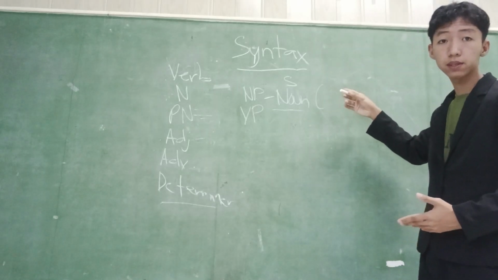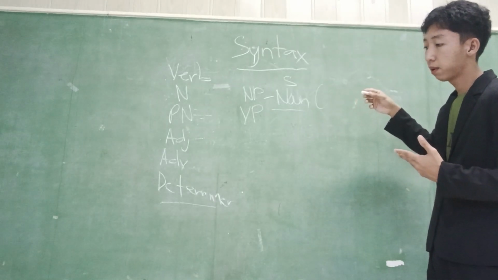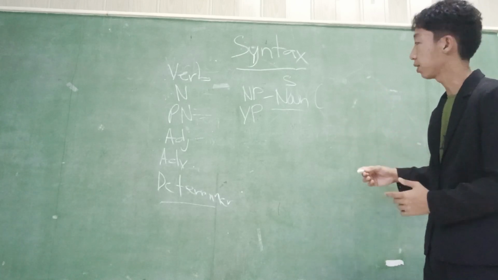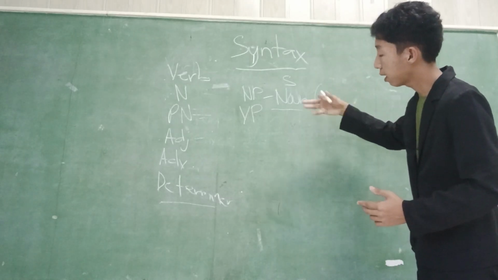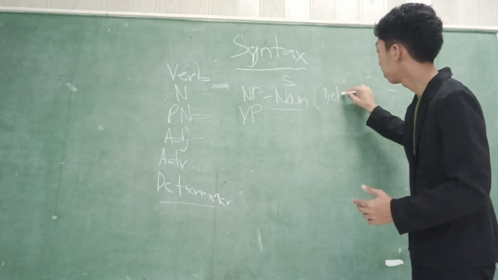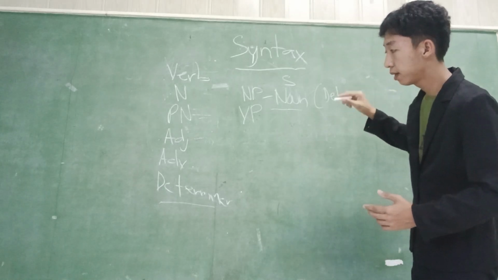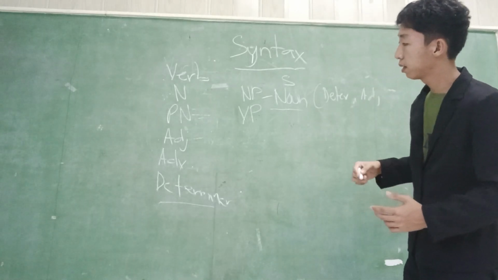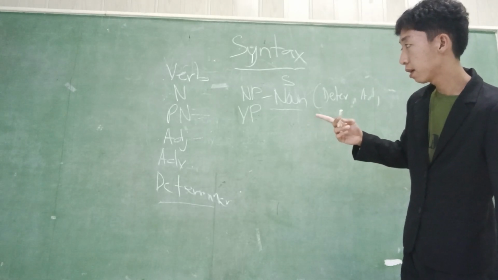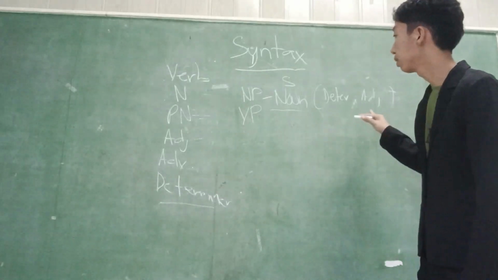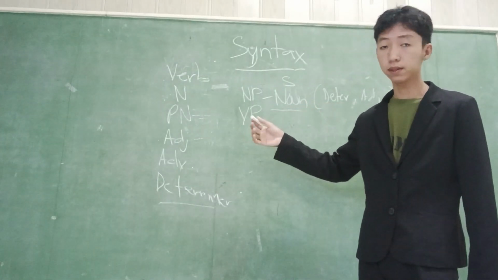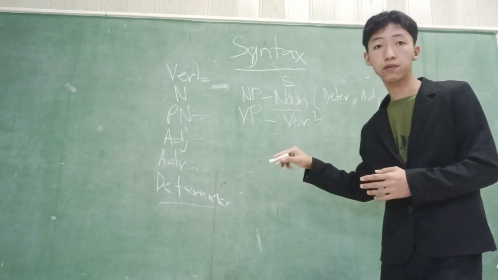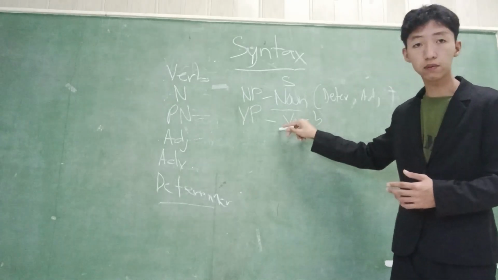So we have open and close parentheses to emphasize more that it is optional. A noun phrase can have a determiner and an adjective, of course, and that's it. And now the verb phrase. A verb phrase consists, of course, of a verb. And just like the first one, a verb phrase can already be complete if it has a verb.